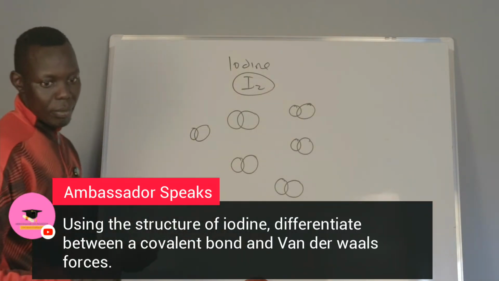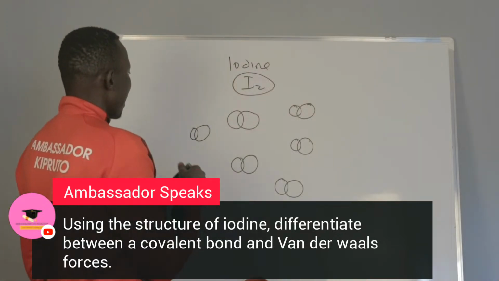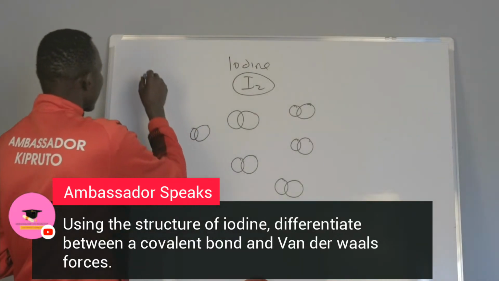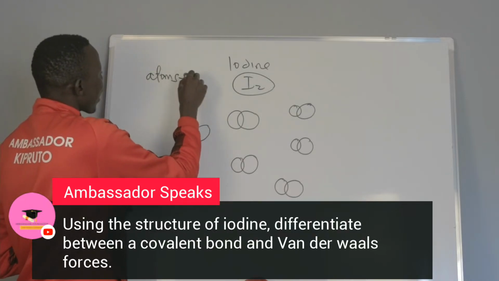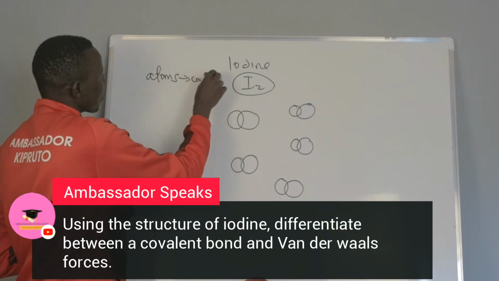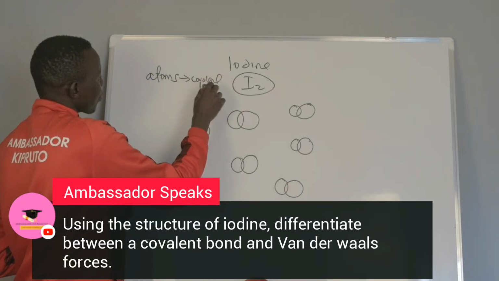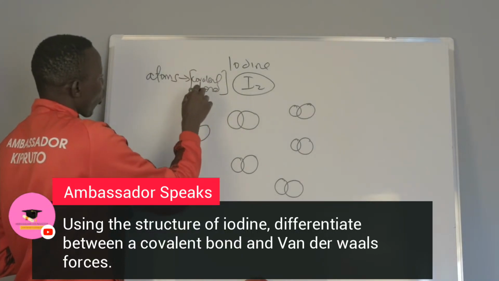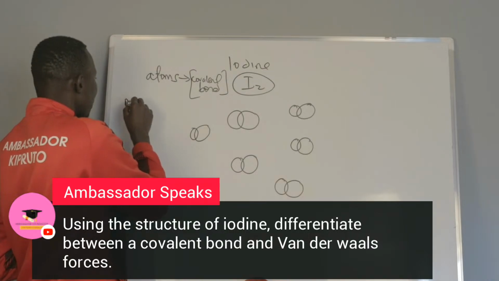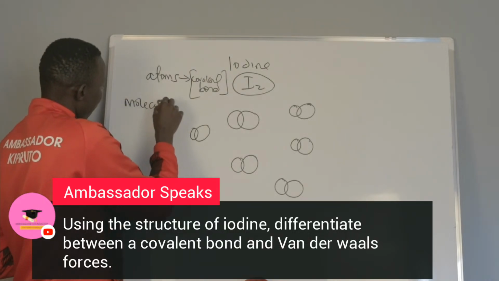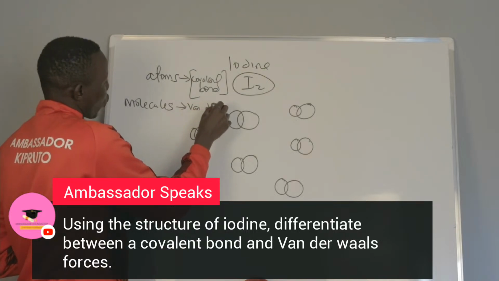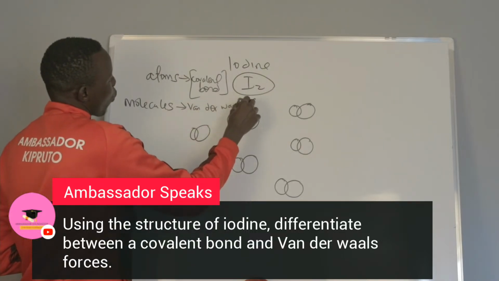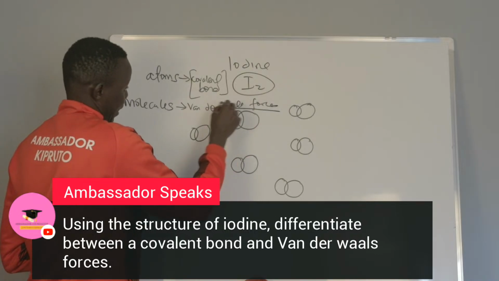Between the atoms, we have a covalent bond. Between the molecules, we have van der Waals forces.